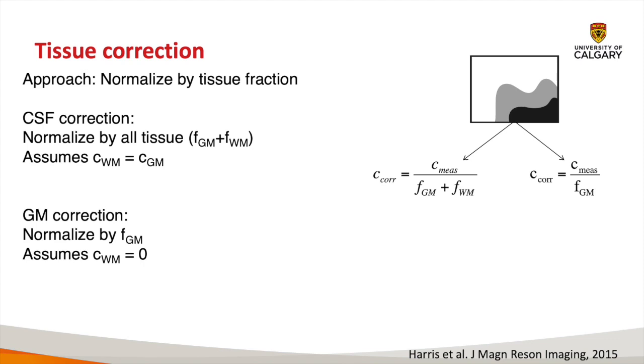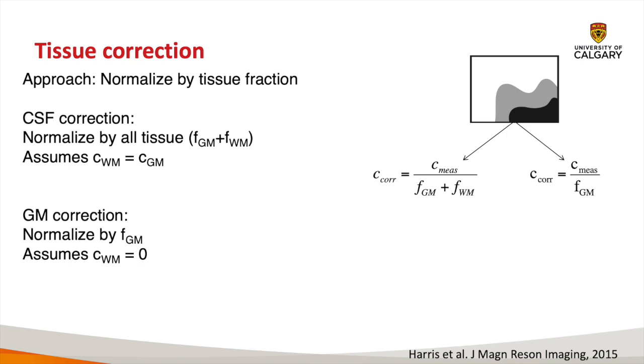Because we're looking at tissue as a whole, what we're really trying to do is get rid of that void or null space of the CSF. What this correction implicitly assumes is that the concentration of GABA in white matter is equal to the concentration of GABA in gray matter, which I've already told you it's not. There's more GABA in gray matter compared to white matter.